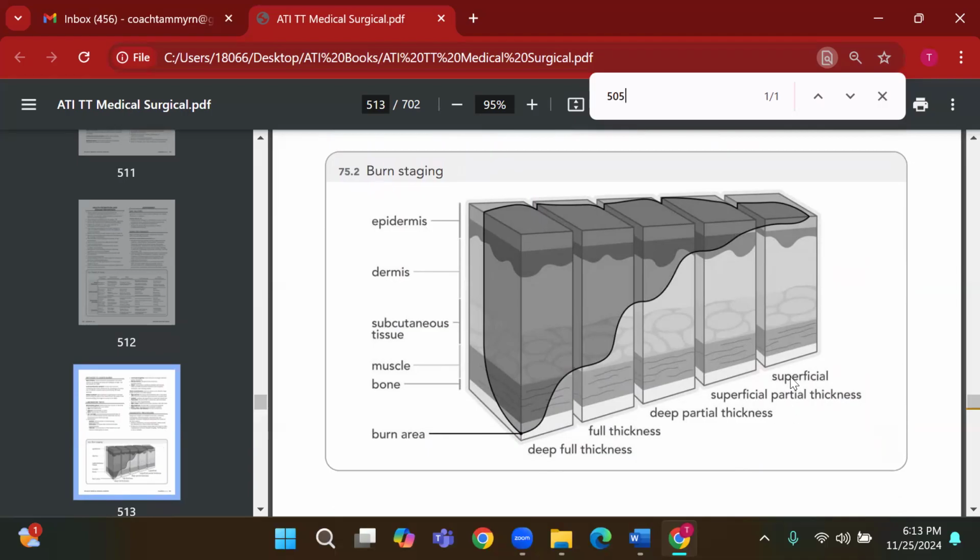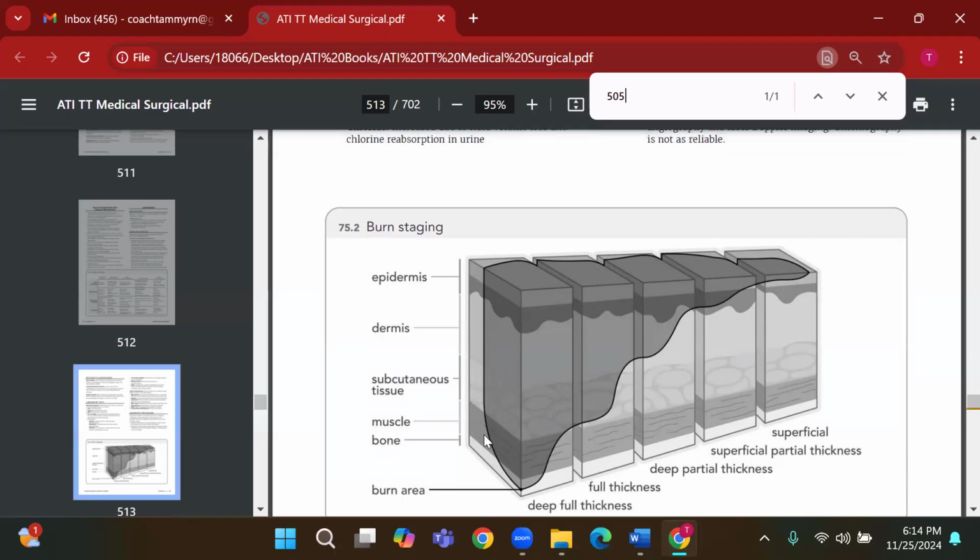This one's a superficial. If you look right here, it's very superficial, epidermis. And then there's a superficial partial thickness, which has now gone down into the dermis. And then there's a deep partial thickness, which has gone way down into the dermis, almost not quite into the sub-Q tissue, but down further. And then we have full thickness, which I think is down into the muscle and bone, and then deep, which is way deep, almost unstageable.